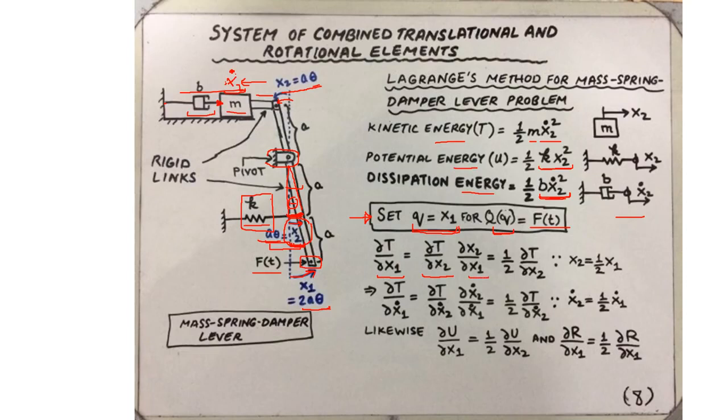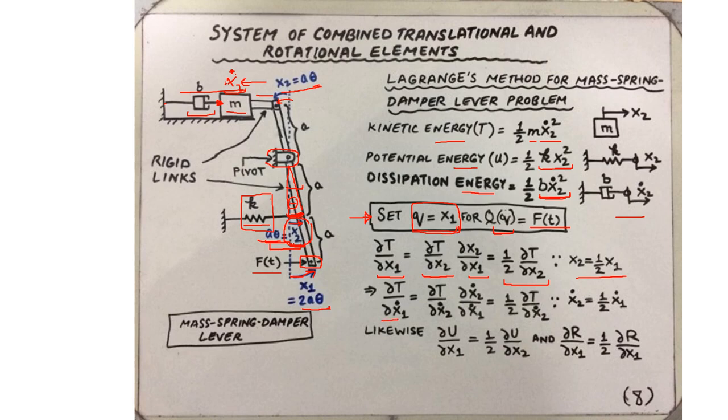That's because our displacement variable associated with the loading is x1, not x2. So that becomes half times the partial derivative of kinetic energy with respect to x2. And x2, remember, is half of x1.